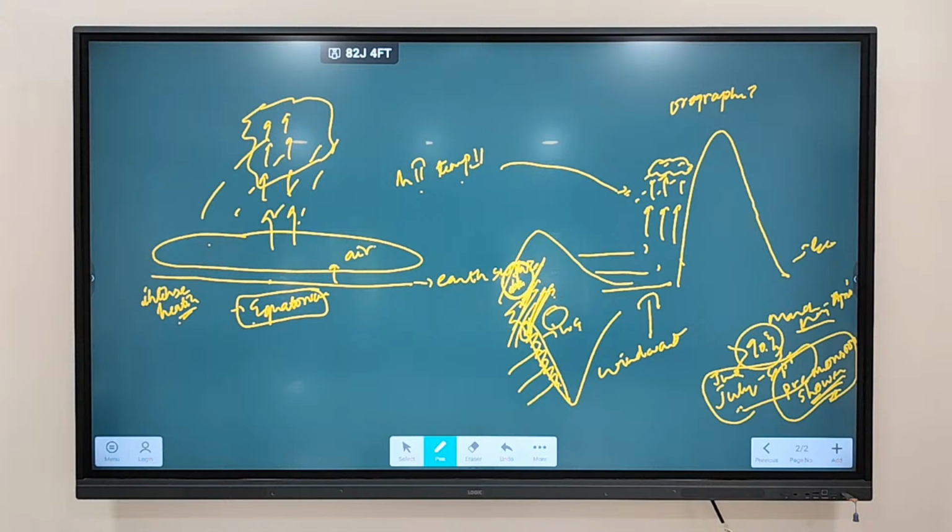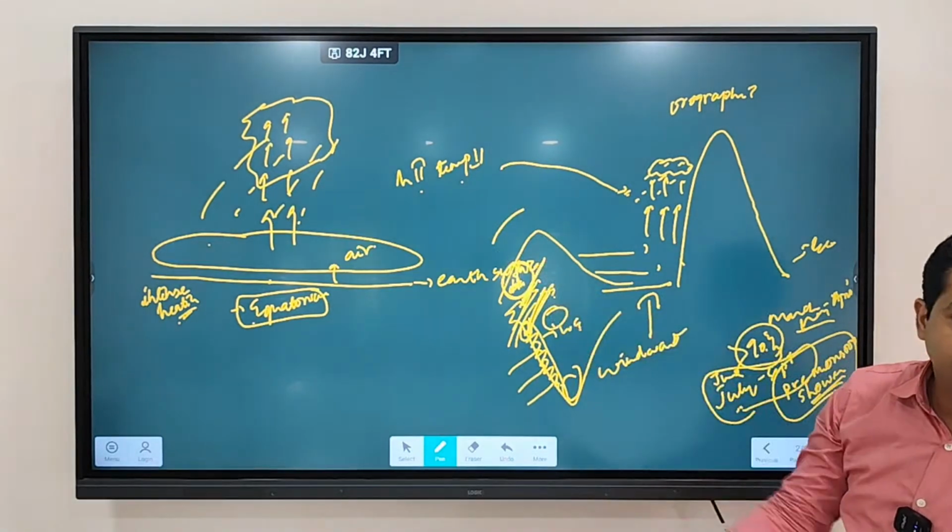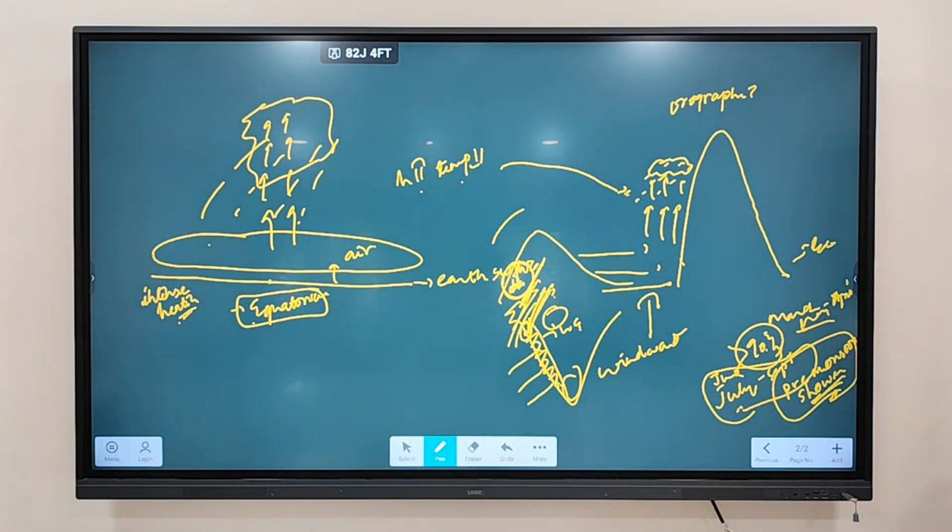But Tamil Nadu is a rain-shadow region. Tamil Nadu is over here. Where do westerlies blow? We discussed the subtropical high pressure belt too. Westerlies blow from the subtropical high pressure belt to the subpolar low pressure belt.